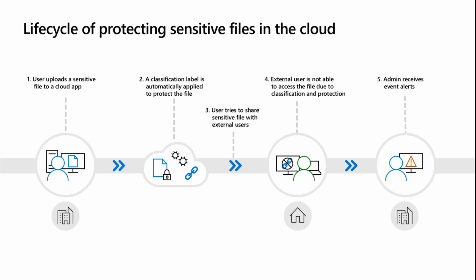At that point, when a user tries to share the sensitive file with an external user within those 5 domains, obviously it gets denied and an alert gets created, and you will be able to see it under the alerts window under M365 Defender. Pretty straightforward.